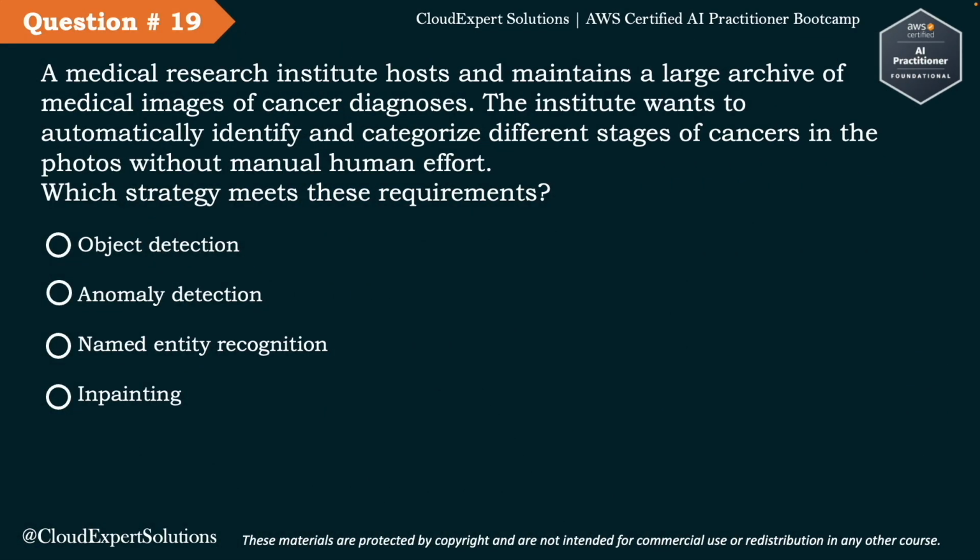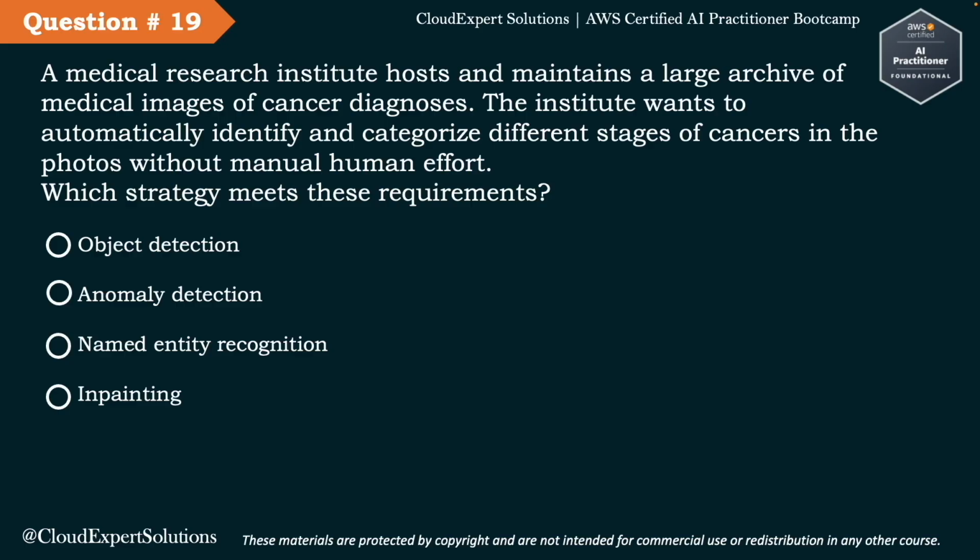A medical research institute hosts and maintains a large archive of medical images of cancer diagnosis. The institute wants to automatically identify and categorize different stages of cancer in the photos without manual human effort. Which strategy meets these requirements? Let's review the options.